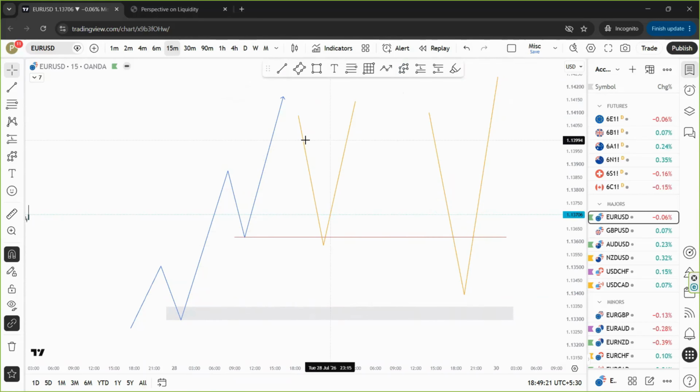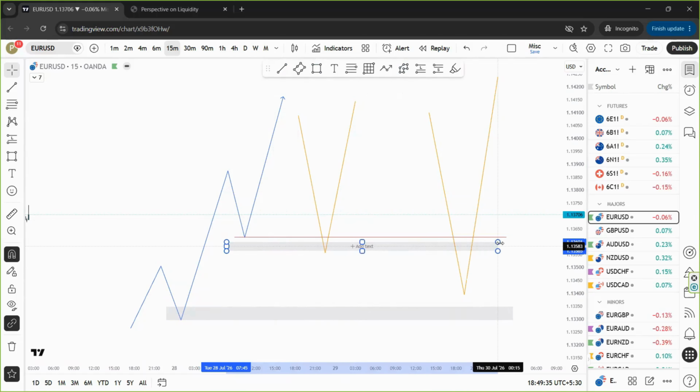So when we consider these two scenarios and assuming we have a liquidity pool somewhere around here, in which scenario is it more likely that it's actually a liquidation that is taking place rather than price just going straight through it and forming an impulse?